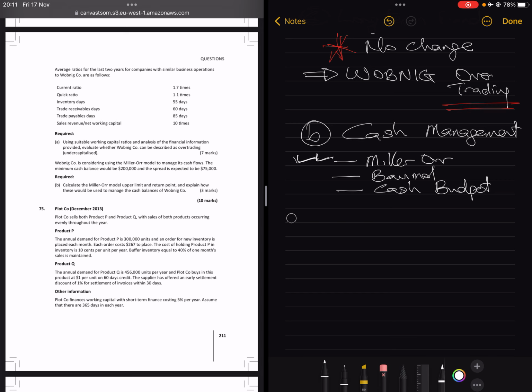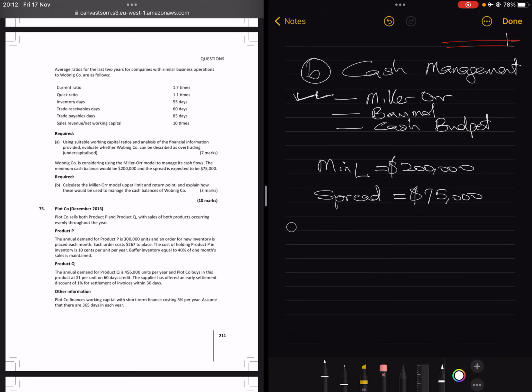Now, with this question, we have the minimum cash balance, which is the minimum level, at 200,000. We have spread given as well, lucky, 75,000. Those are the 2 pieces of information that we have.